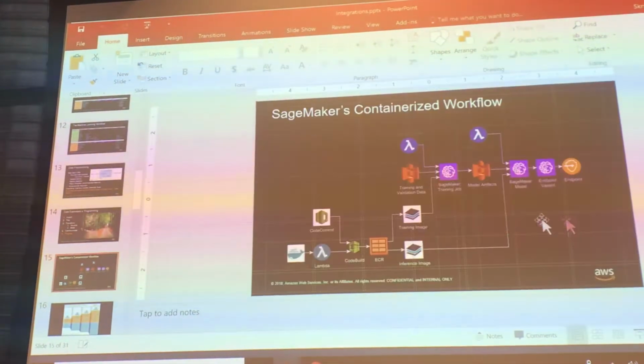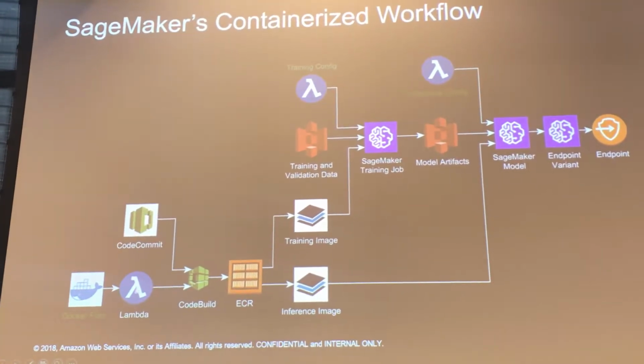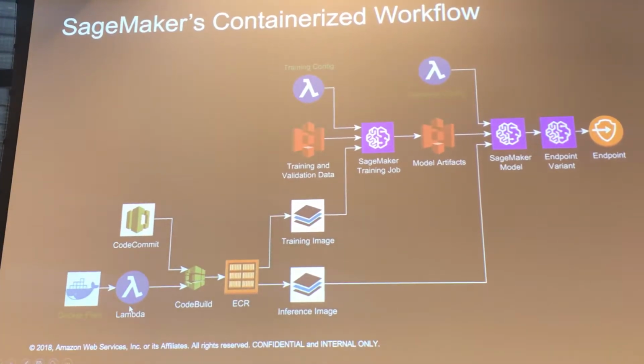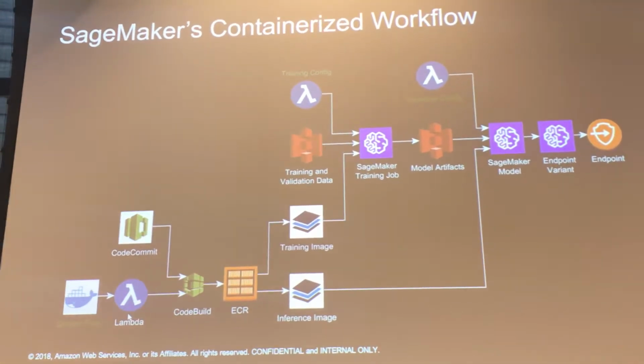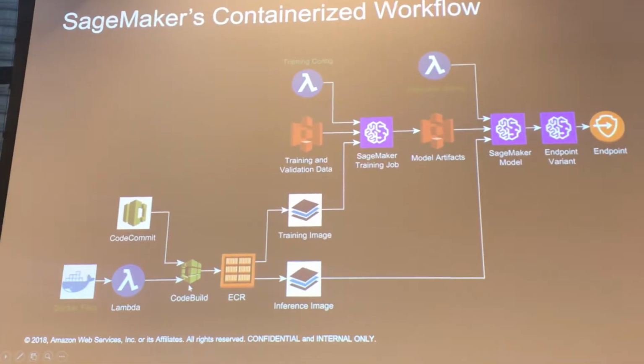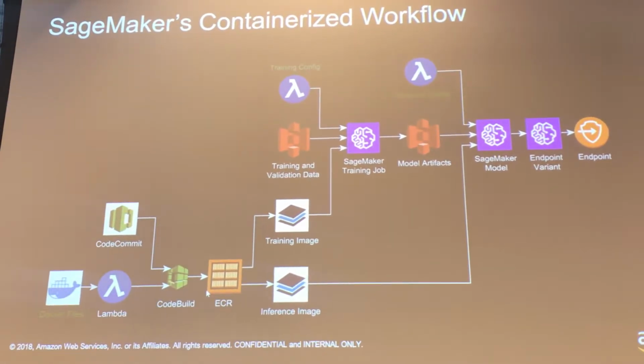Oh, here it is. So here's a diagram of the workflow. What this is doing is saying that once your model changes, you trigger a Lambda that takes your code out of CodeBuild, which is where we're assuming you're keeping it.